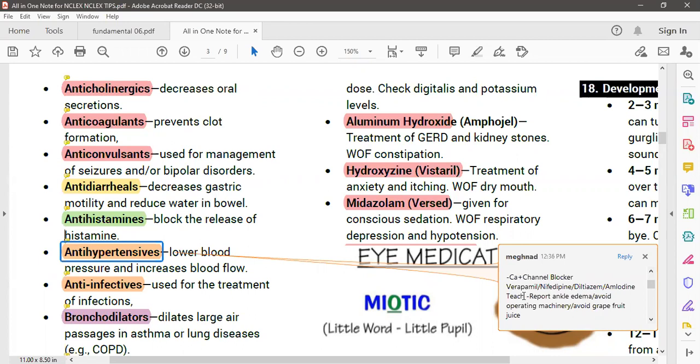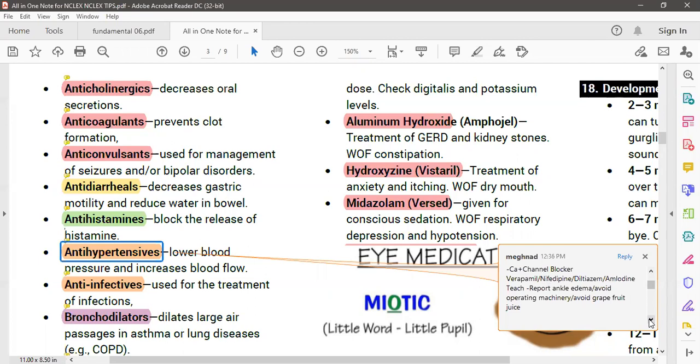means cutaneous blood supply increases in the face, vasodilation, or syncope because of vasodilatation. So if your patient needs to take calcium channel blocker, tell them to avoid operating machinery and avoid grapefruit juice.